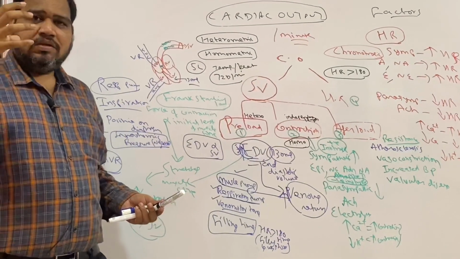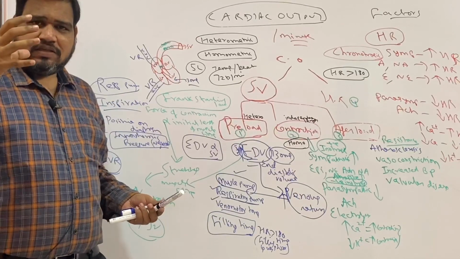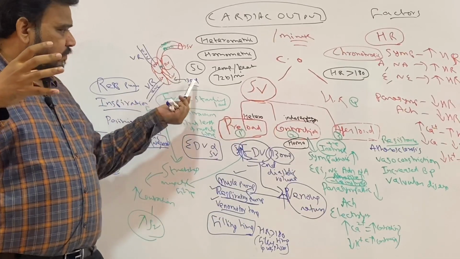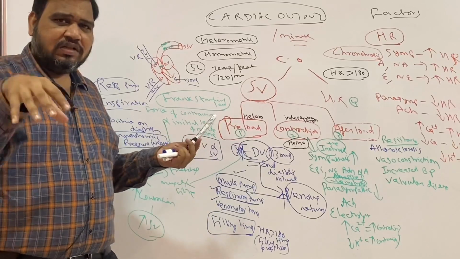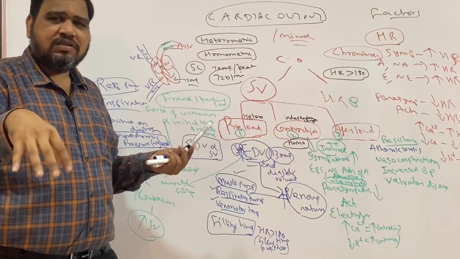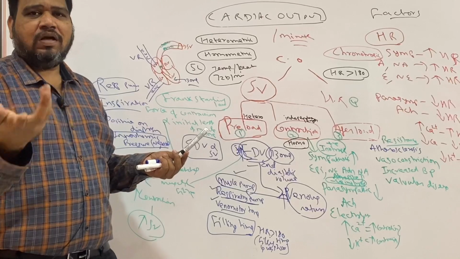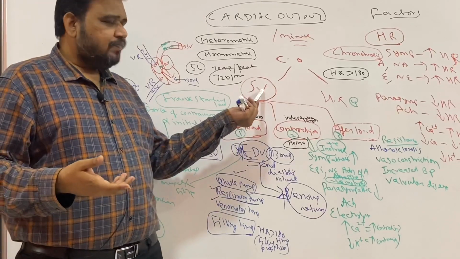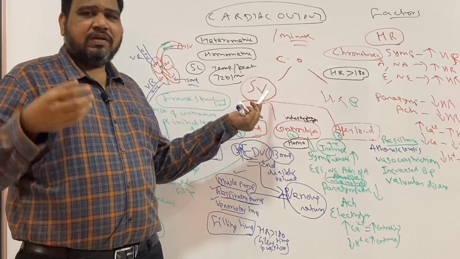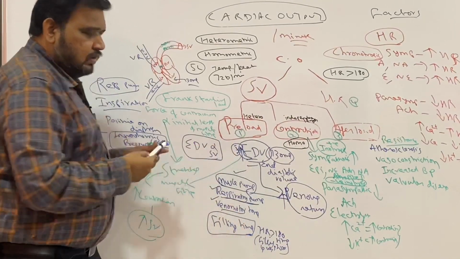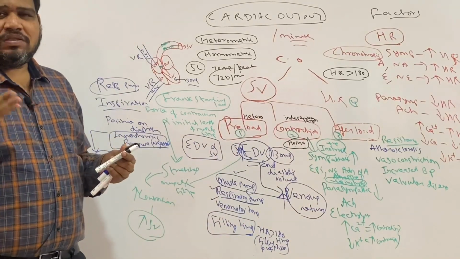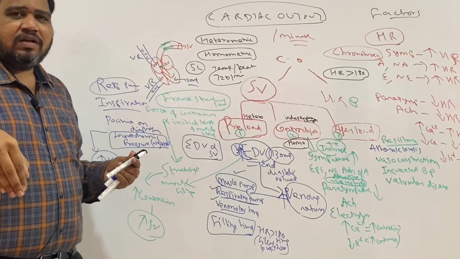When your heart relaxes, the venous return is sending the blood, but before the blood fills, the heart starts contracting. Then your stroke volume becomes less because the venous return is less. So the end diastolic volume is less because even before the blood fills the ventricles, it starts contracting.